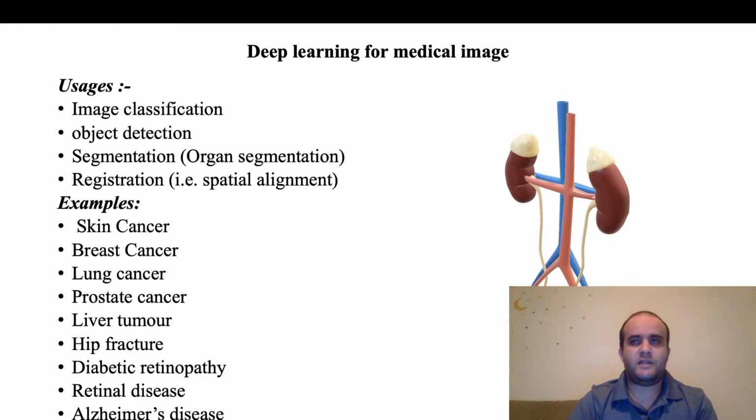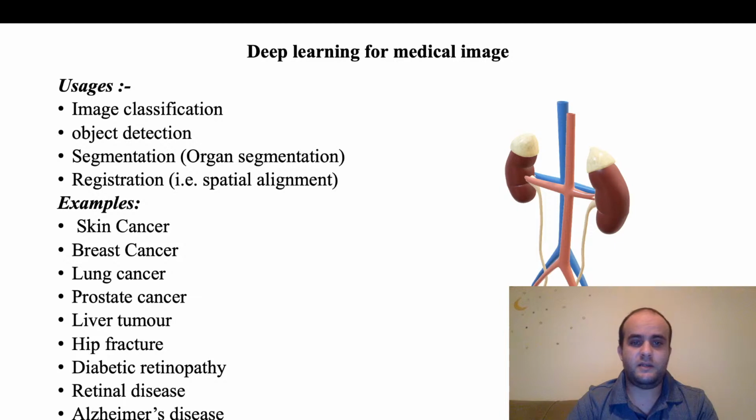Then object detection. You put in the image, but you want to see where the mass of the cancer is. You divide the image into several parts, and you can recognize the left part of the mass, the right part of the mass, for instance.